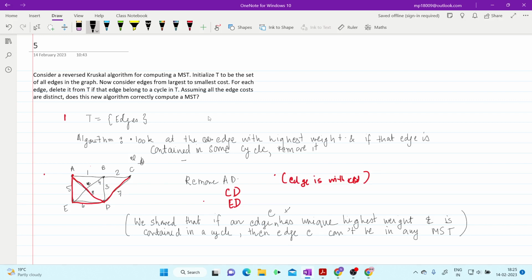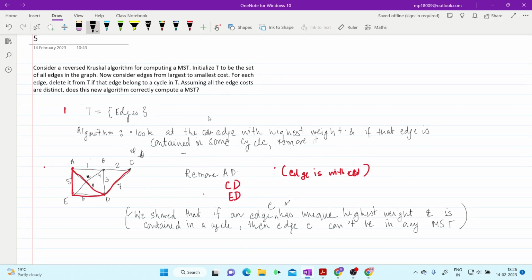Therefore there is no harm in removing that edge, because we have already shown that any such edge can never be a part of a minimal spanning tree. So do you see why, if we use this algorithm, we will always end up with a minimal spanning tree? Is it clear?